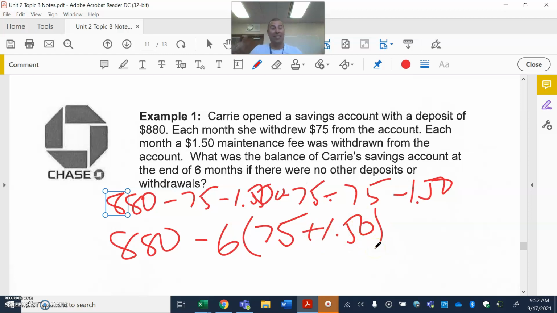Now, hey, people, take a look. This is why we like this here. You're adding. Why are we adding? We were just subtracting. Well, remember, the negative sign out here is taking into consideration that we will be subtracting away. So what's inside the parentheses here is the actual amount that's being taken away each month.